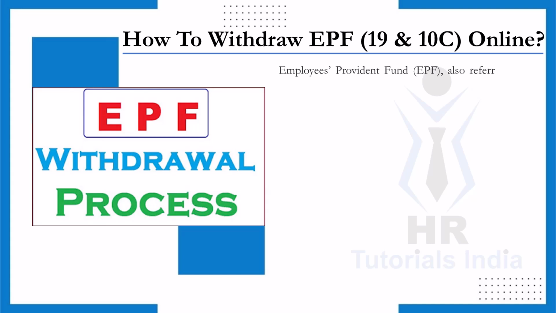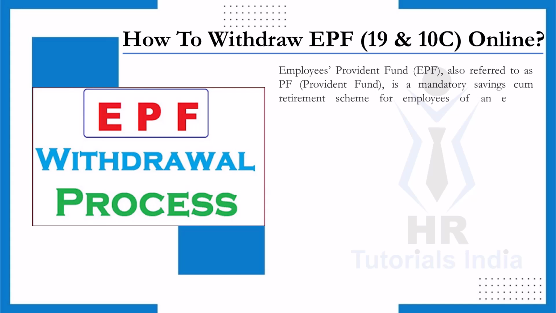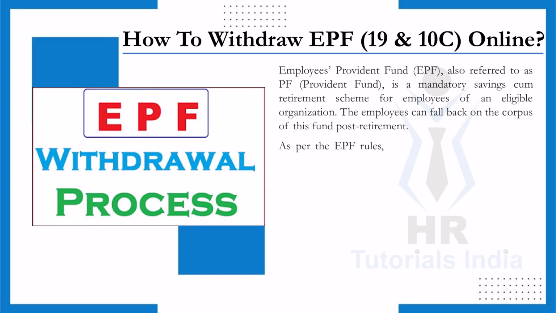Employee Provident Fund (EPF), also referred to as Provident Fund. It is a mandatory savings cum retirement scheme for employees of an eligible organization. The employees can fall back on the corpus of this fund post-retirement. As per the EPF rules, the employees must contribute 12% of their basic pay every month to the fund.